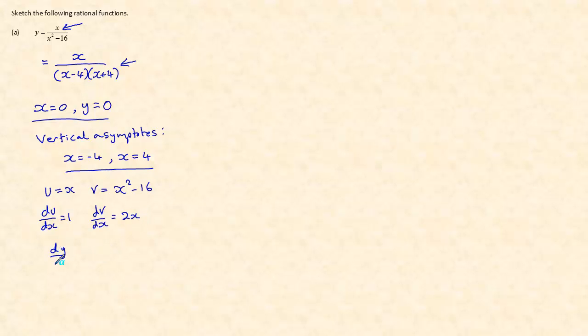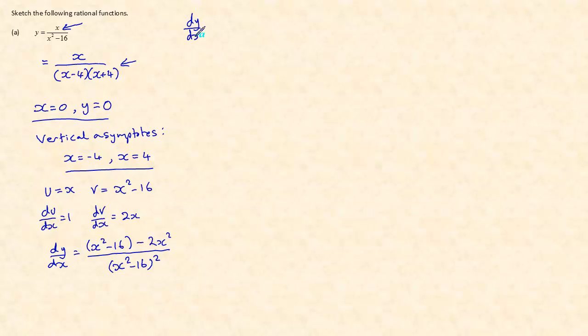So dy dx is going to be v du dx, so that's x squared minus 16, take away u dv dx, so that's 2x squared, all over (x squared minus 16) all squared.